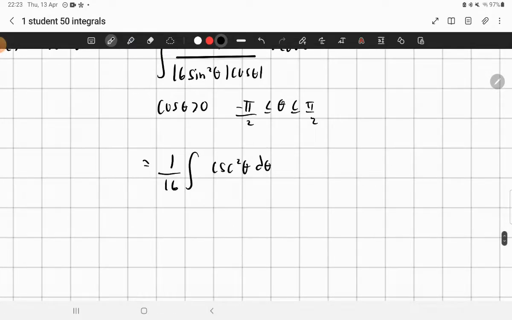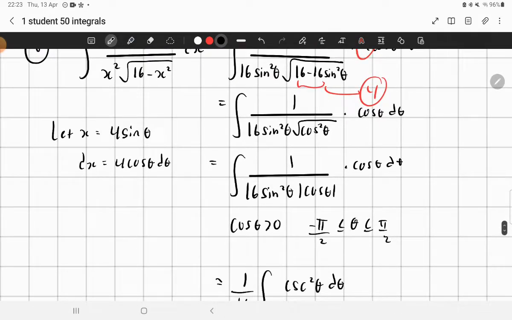Now, I will not be showing how to solve it, but basically the integral of cosecant squared theta will be negative cotangent theta. So you are left with negative 1 over 16 cotangent theta plus c, and you have to draw a right angle triangle if you want to leave your answer in terms of x.